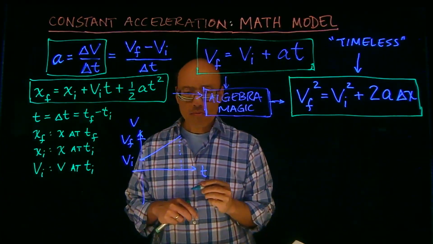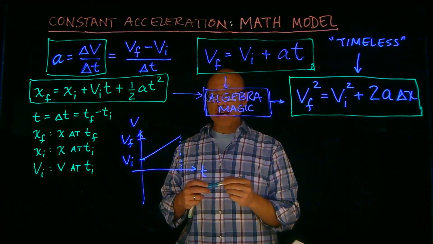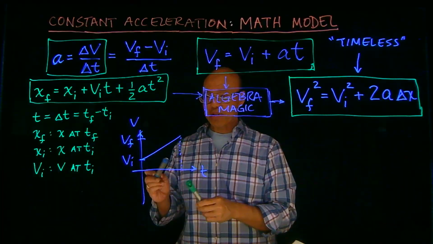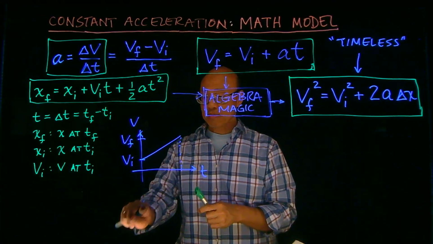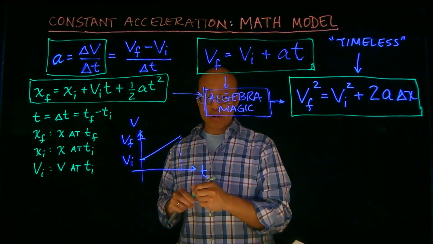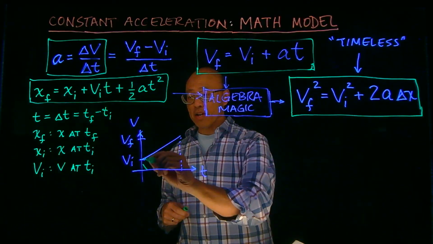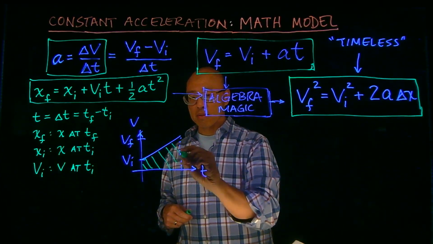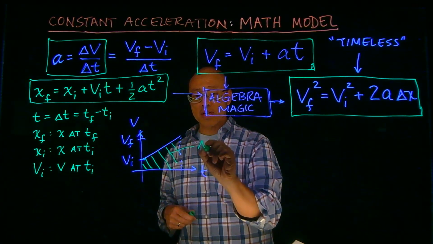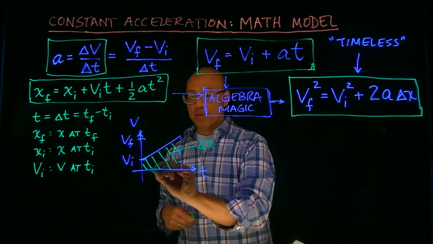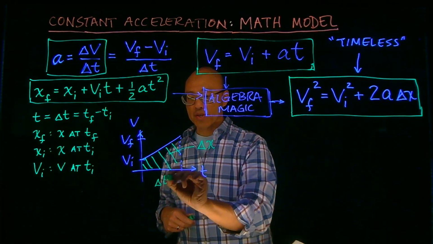Now, if we do that, we can figure out how far we've gone. Or we can represent how far we've gone. How? By the area. So this is delta x. This is our delta t.